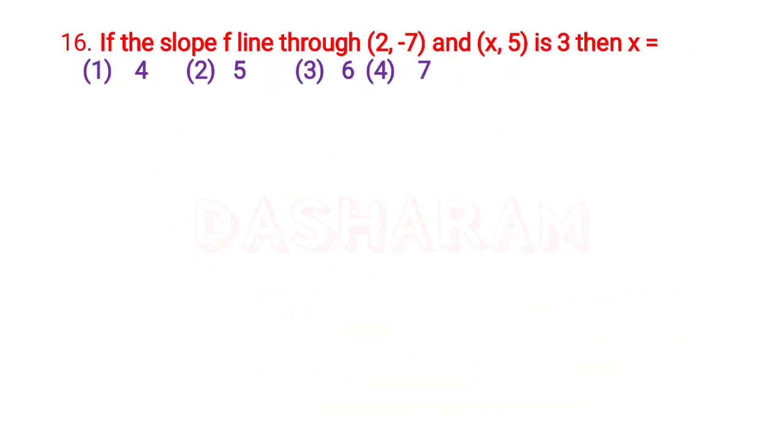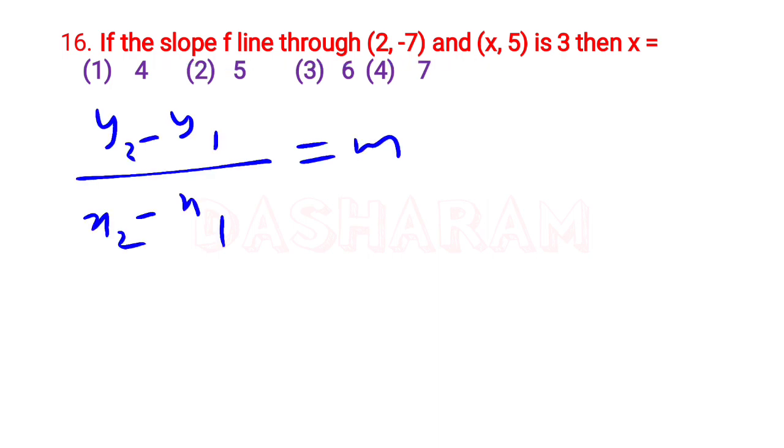If the slope of a line through (2, -7) and (x, 5) is 3, then what is the x value? So the slope formula is (y2 minus y1) by (x2 minus x1); slope is denoted with a small m. Substitute the y1, y2, x1, x2. From the first ordered pair, 2 is x1, -7 is y1.